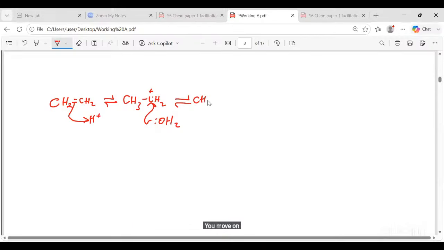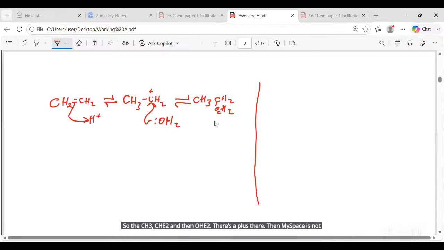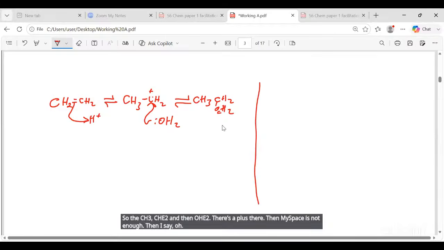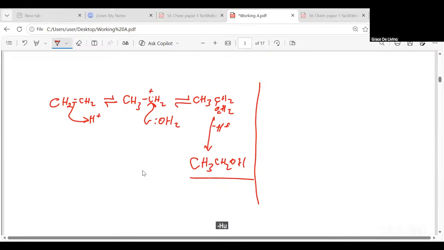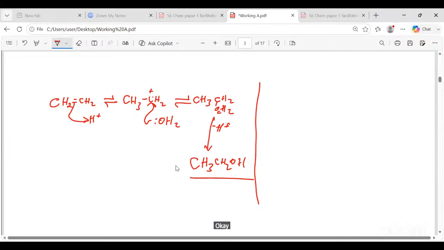This will be CH3, CH2, and then OH2, there's a plus there. Then my space is not enough. Then I can say minus hydrogen, plot that proton, we say CH3, CH2, OH. Am I wrong? Very correct. So this one will be correct, even the other one will also be correct.